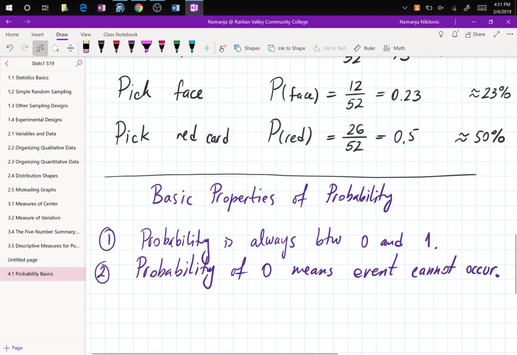A good example is college administration making a rational decision. That's one of the good examples.